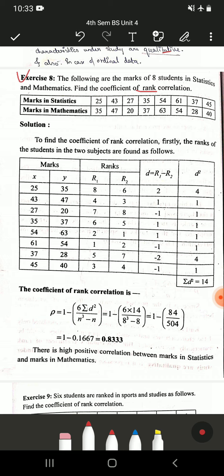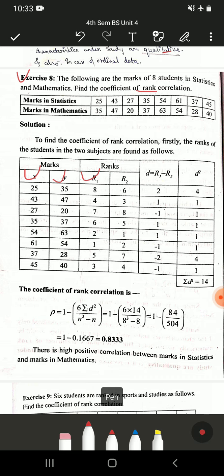So let us assume marks in statistics to be x and marks in mathematics to be y. So x and y, write the data given. The next step is to assign ranks. So let us denote R1 to be the ranks of marks scored in statistics, and R2 for denoting ranks in mathematics.